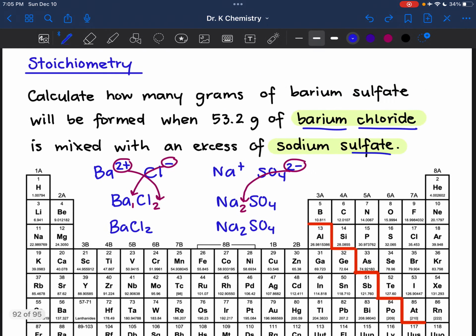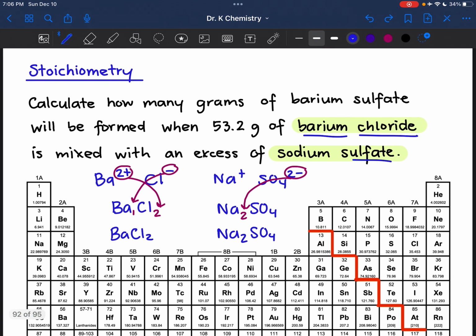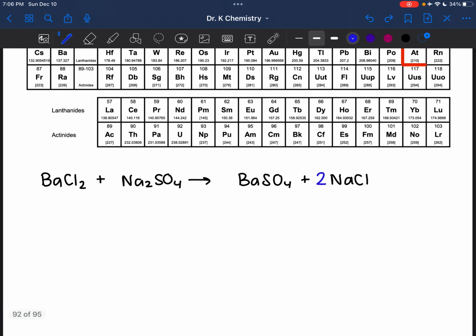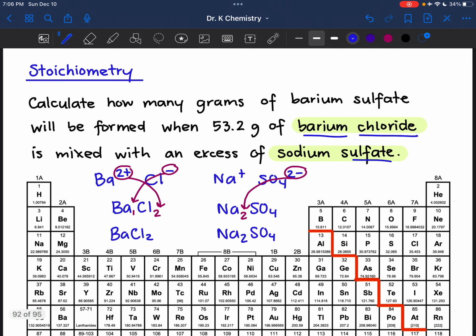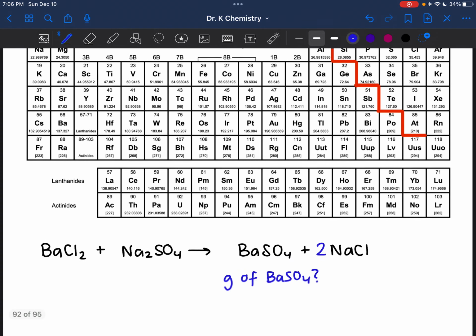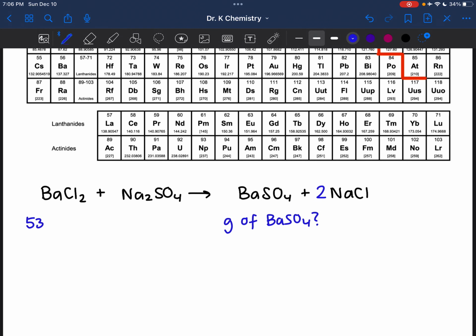Let's go back to what our problem is asking us to do. So it wants us to calculate the grams of barium sulfate that are being formed. And it's telling us that we have 53.2 grams of barium chloride.